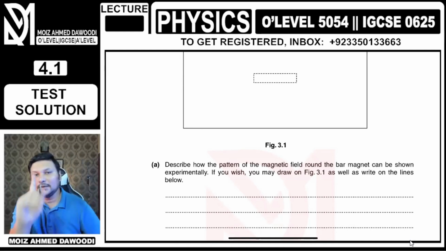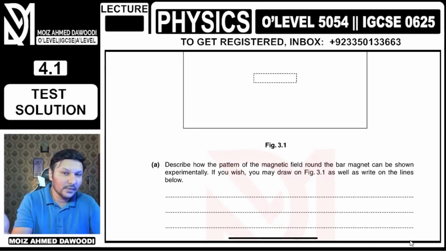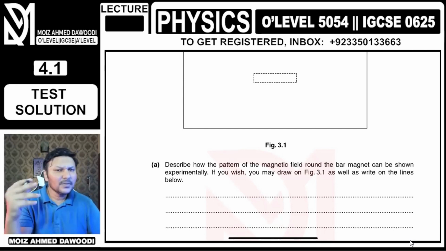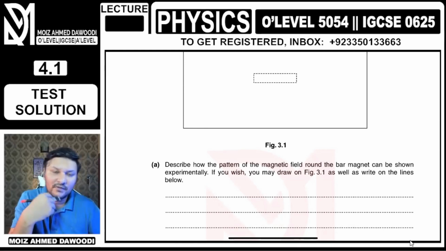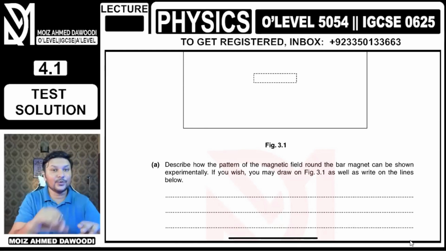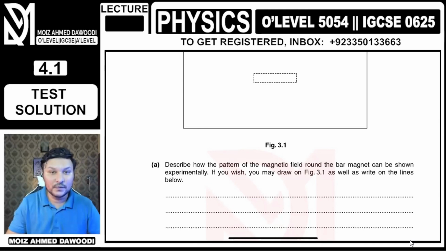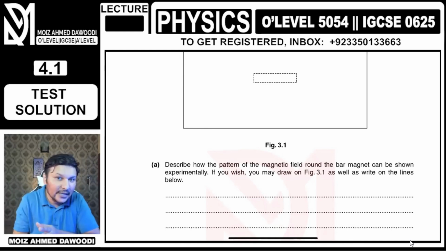Now, one thing which I've seen in almost 30% of the papers is some students explain this concept using iron filings. Why, beta? When I was teaching you this concept, I told you in bold letters, whenever the examiner asks you to draw the magnetic field pattern of a bar magnet, don't use the concept of iron filings. Always use the concept of magnetic compass. And I have explained this part of the question to you experimentally as well as theoretically.